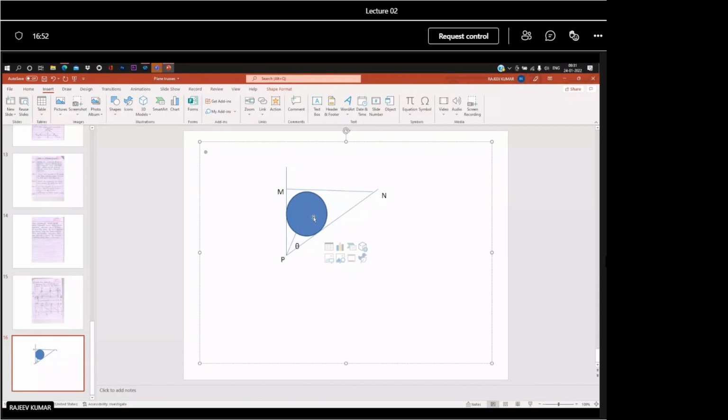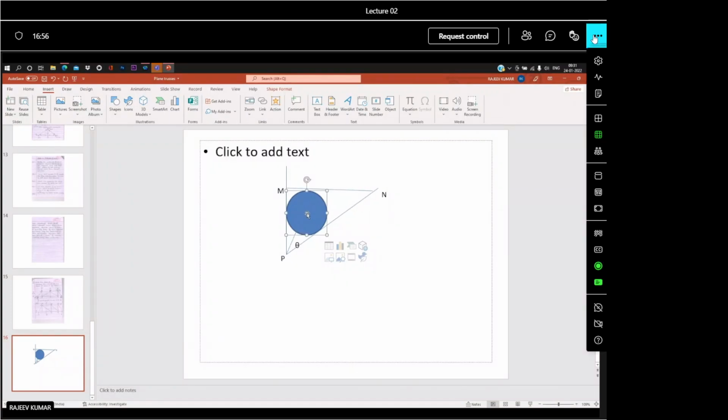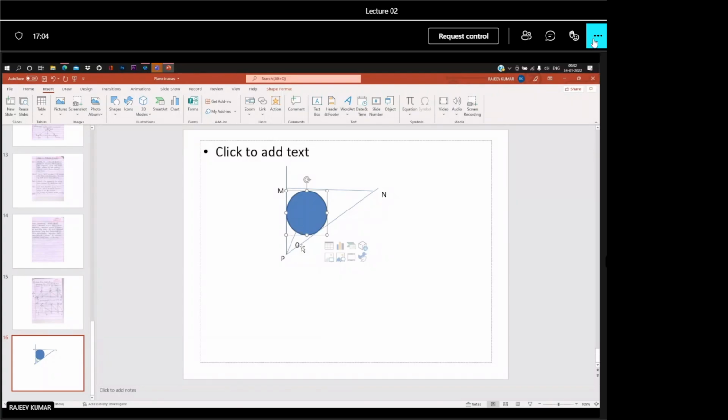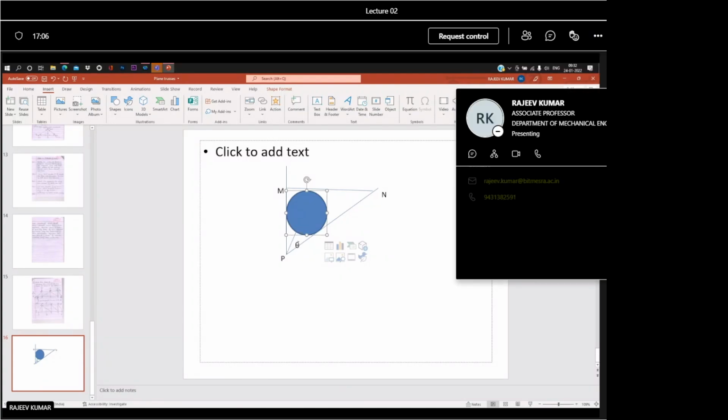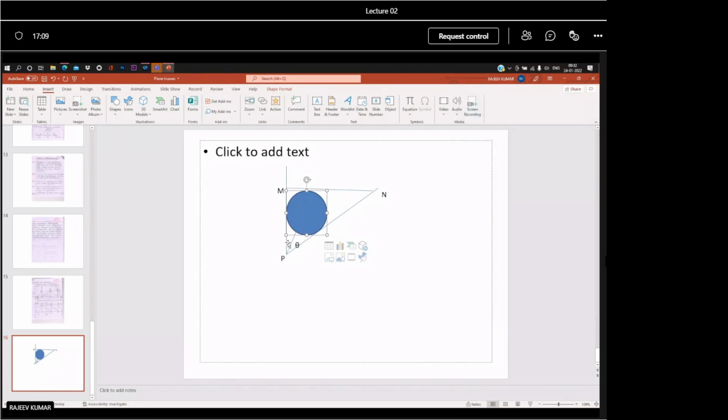This is connected to the center of this circular log. From this center, the radius is connected, so this angle will be theta, and this angle is also theta.